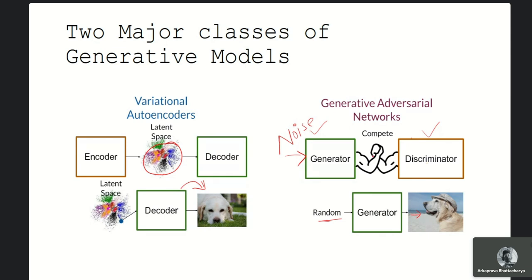Over time, each model tries to catch up with the other, and basically they are competing with each other. They are depicting that the generator and discriminator are both competing, playing a game with each other.